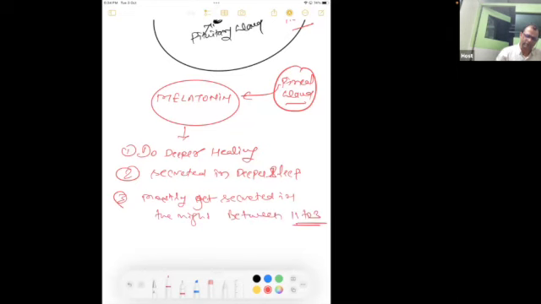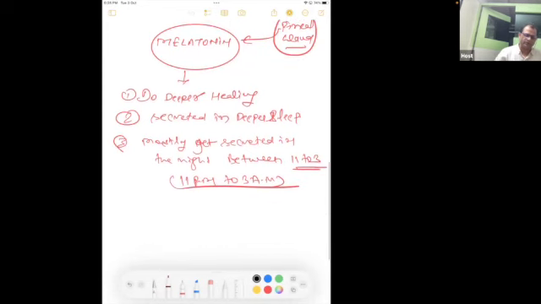11 to 3 means 11 p.m. to 3 a.m. in the night. 11 p.m. and 3 a.m. in the night, this is the time we are in the deeper sleep.